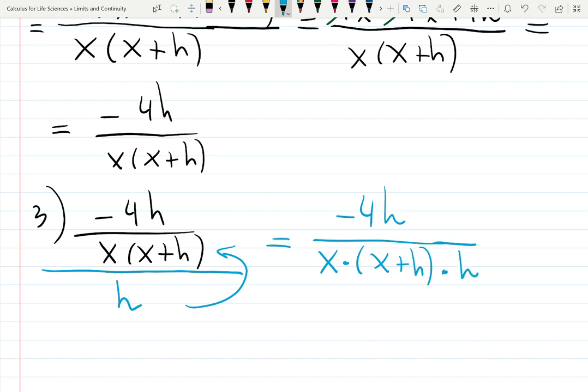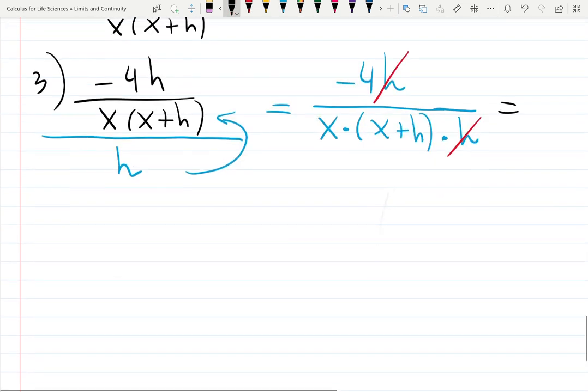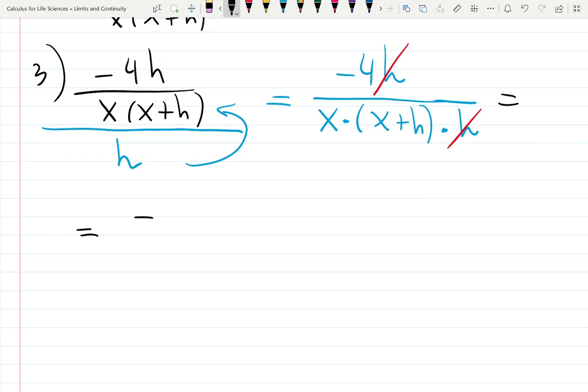Do you all agree? If you're dividing over x times x plus h, and then you're dividing by h, just join the denominator. That's kind of how I see it. Or you're multiplying by the reciprocal of the fraction, and the fraction is h, so 1 over h will be a product. What is the last step? The h goes away, exactly. So the final answer is just this, minus 4 over x times x plus h.